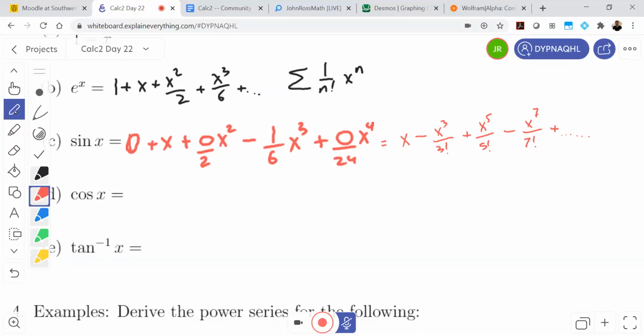This is exactly the formula that we used when constructing our Taylor polynomial approximations for sine in Desmos last time, only this time the approximation will go on forever.